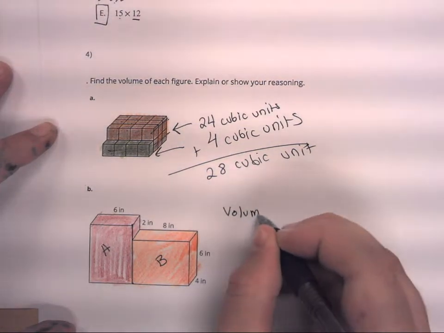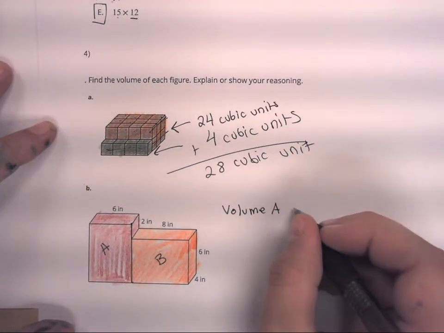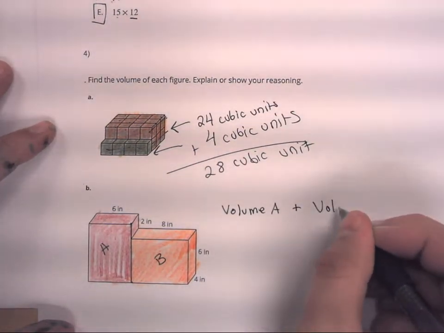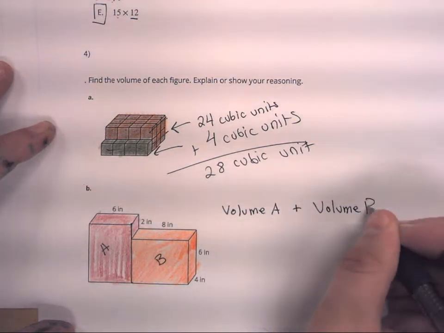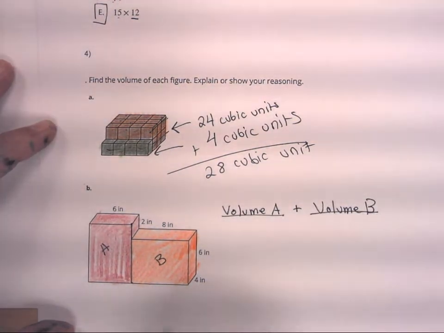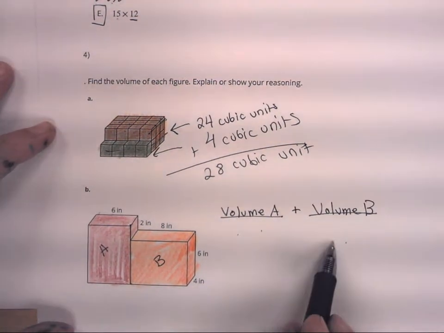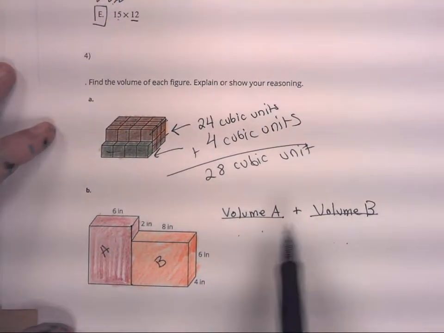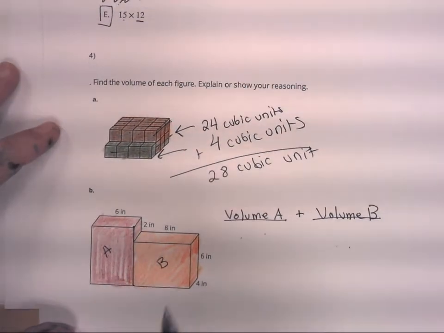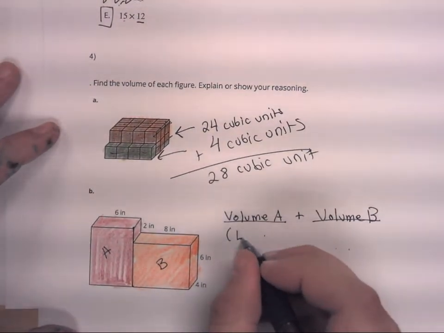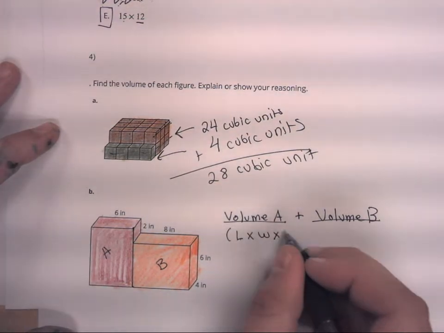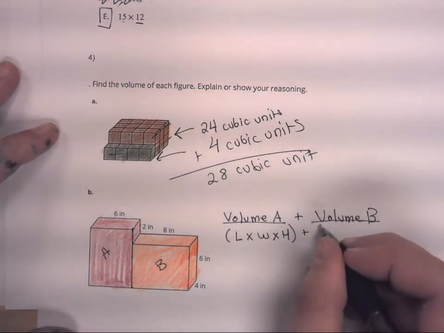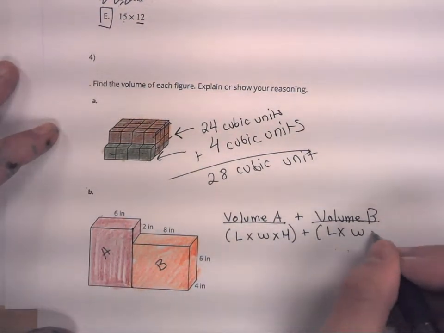So I'm going to find the volume of A, and I'm going to find the volume of B. And then once I've written expressions for the volume of both prisms, I'm going to add them together to find the total volume. So I'm going to use length, width, and height for each prism.